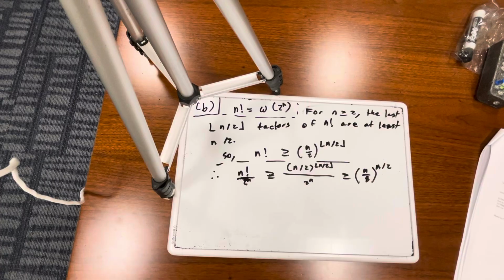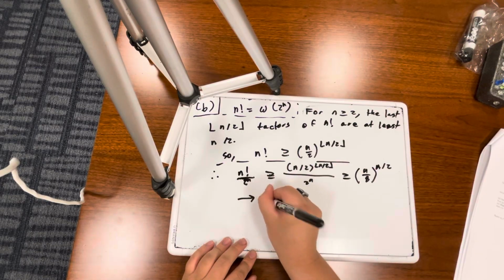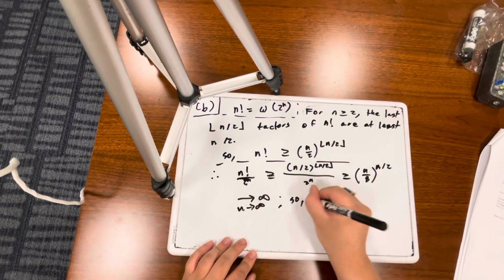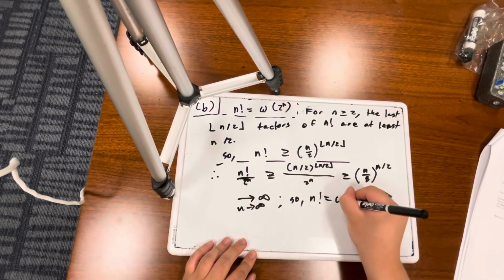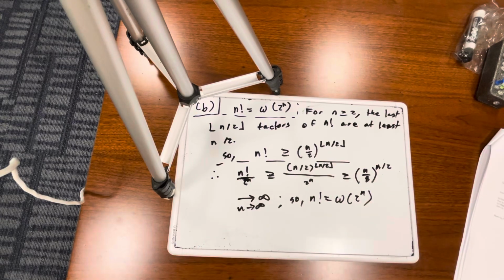Because we're using n greater than or equal to 2, this approaches infinity as n approaches infinity. So n factorial is equal to little omega of 2 to the n. That sort of establishes it right there.